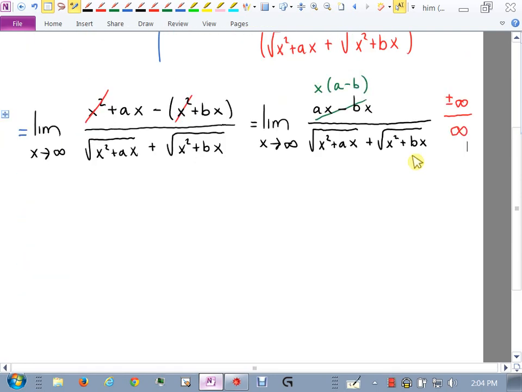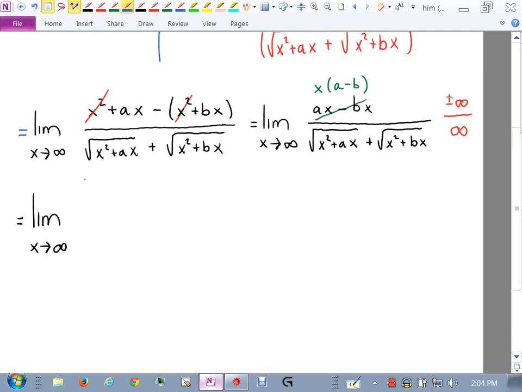So what am I going to do? I want to kill off the x squared here, and there's an x squared here too. So I'm going to kill off x squared. It's underneath the root, so I come in with 1 over x on the top and bottom. 1 over x, so when it goes in, it gets squared. So we're going to have limit as x goes to infinity.